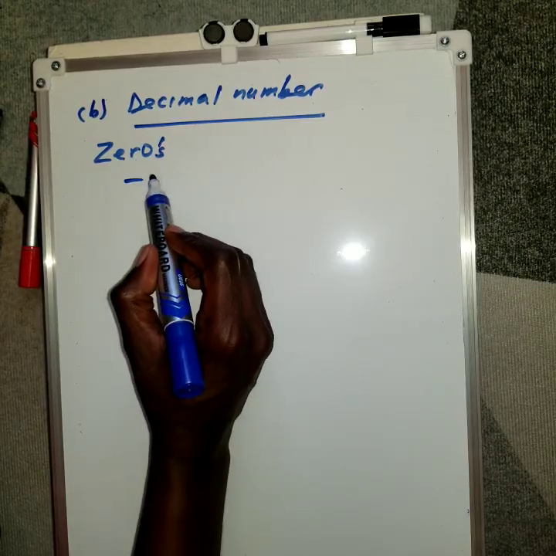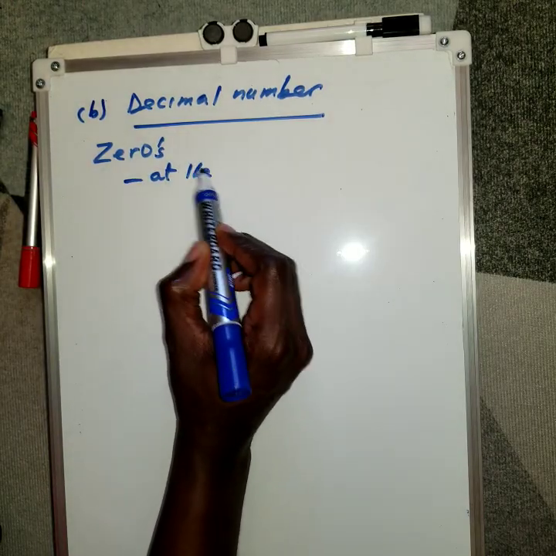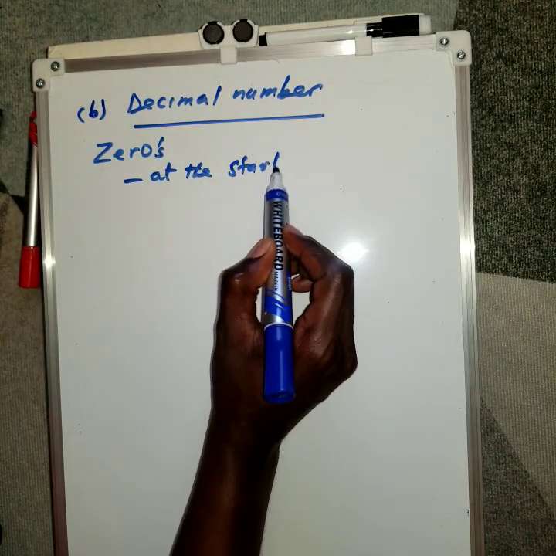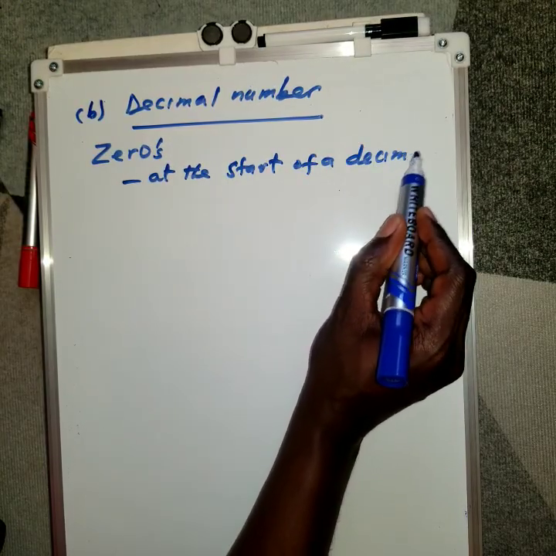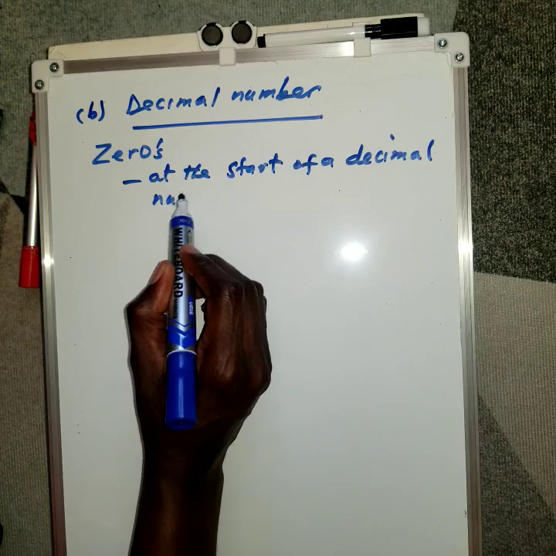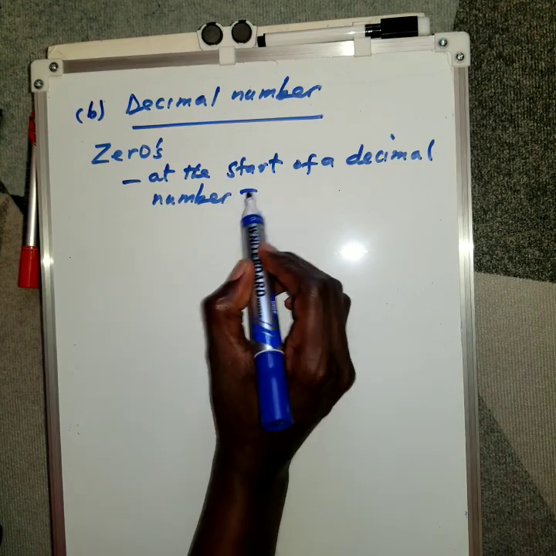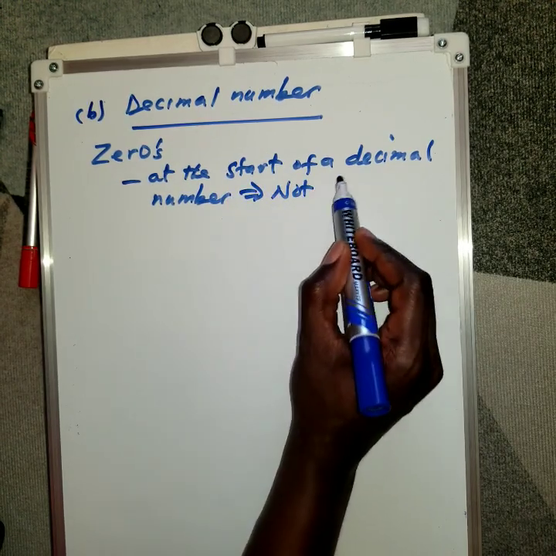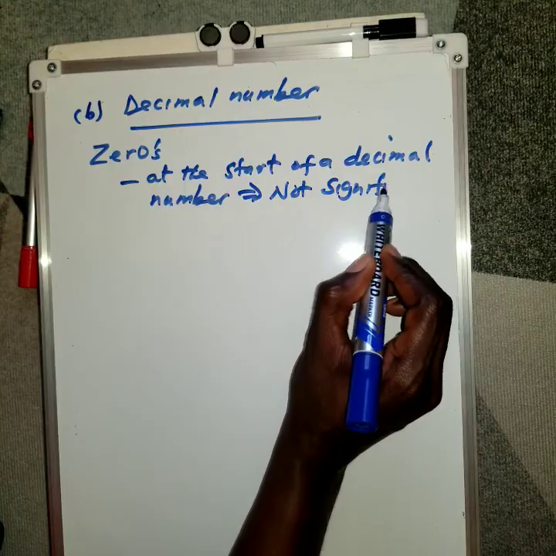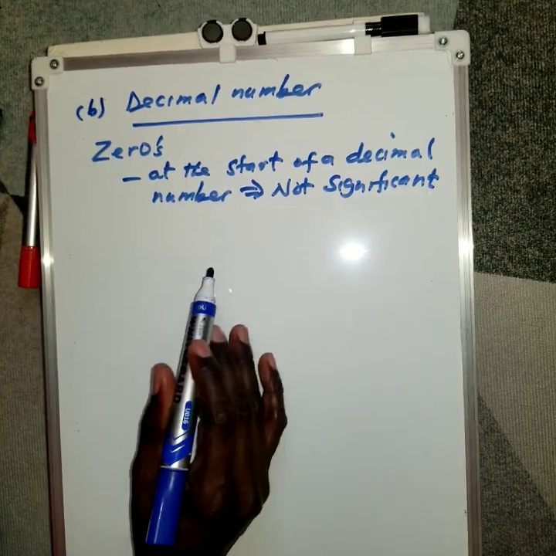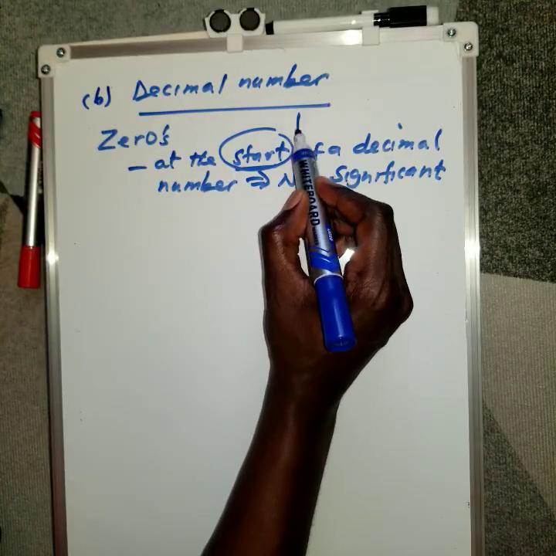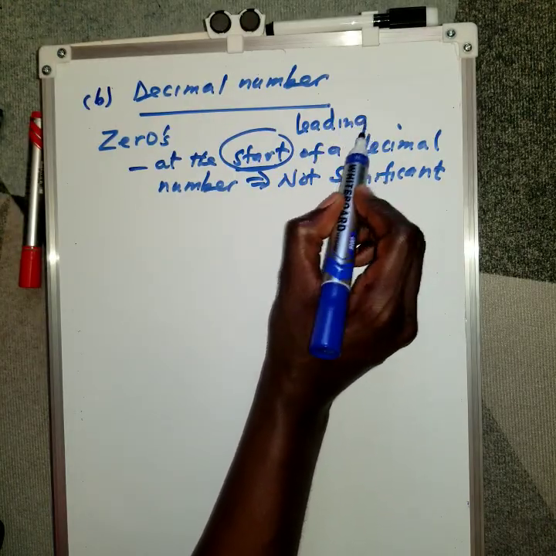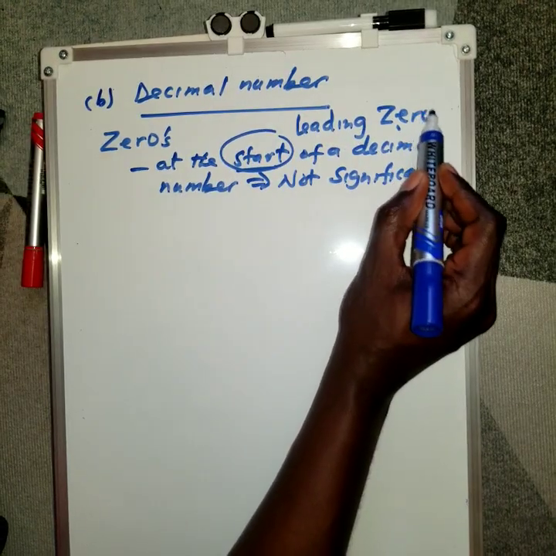So zeros at the start of a decimal number are considered not significant. What do I mean when I say zeros at the start? In other words, these zeros at the start, we simply call them leading zeros.